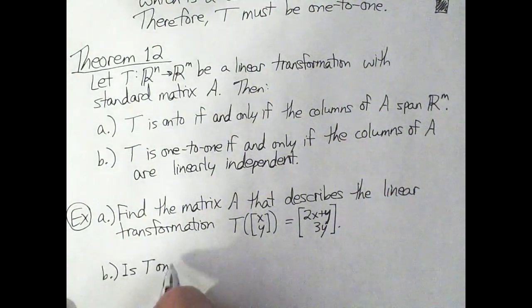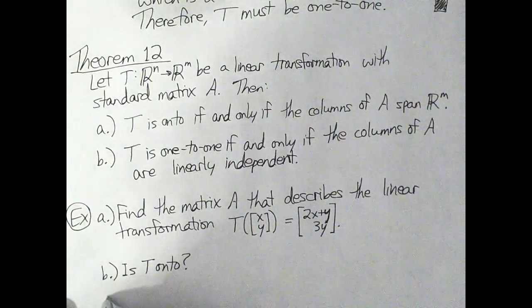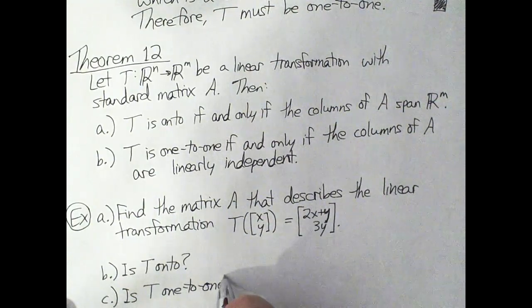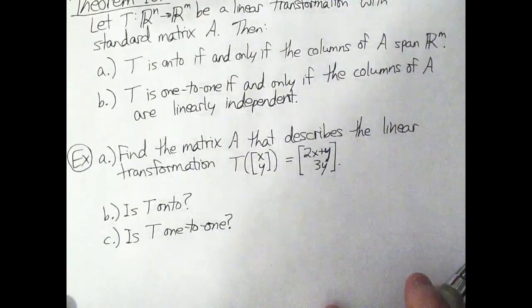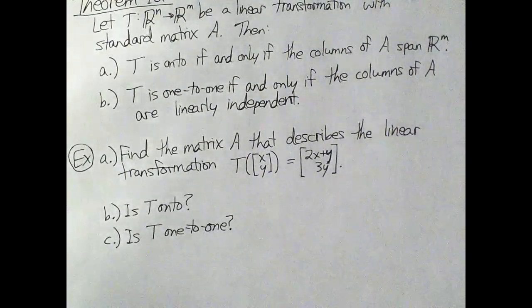It's telling you that it is. Part B, is T onto, and part C, is T 1-to-1. And I hope that part A will help you answer parts B and C. So why don't you pause and take a couple of minutes and see what you can do for this one.